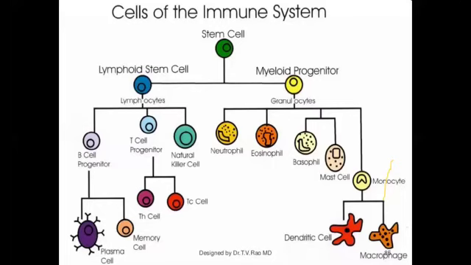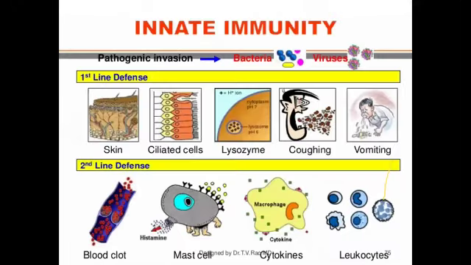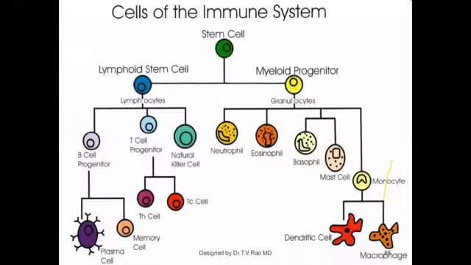And the next is mast cells. These mast cells serve as a first line of defense against the antigen. We have been seeing the first line defense barriers in the picture: skin, serrated cells, lysosomes, all these things. But these mast cells, I said, serve as a first line defender because they are present in the skin and then mucosa.